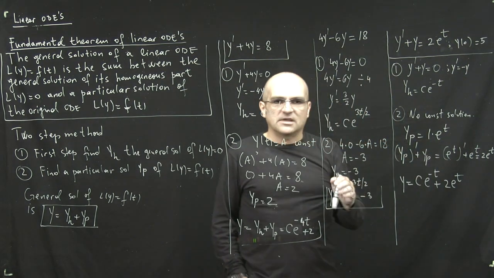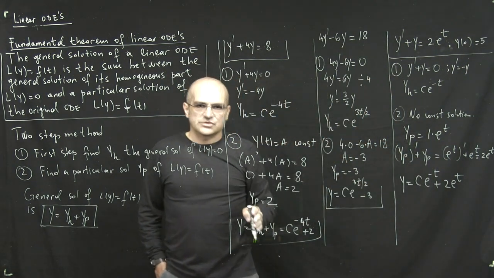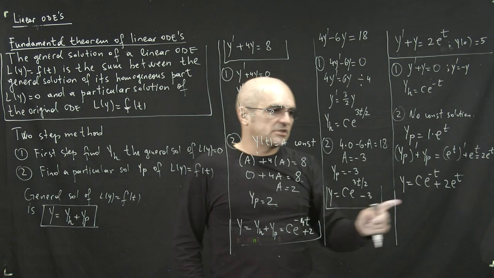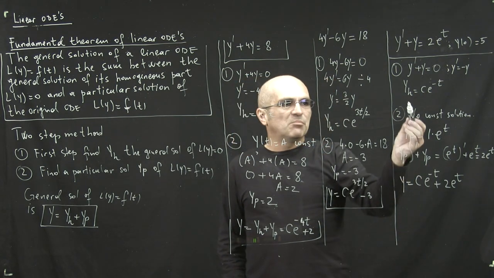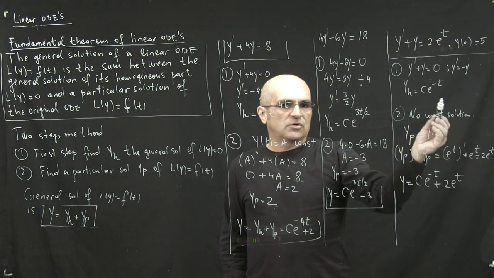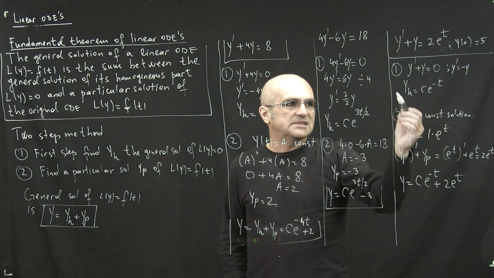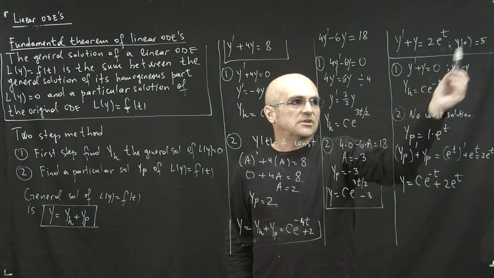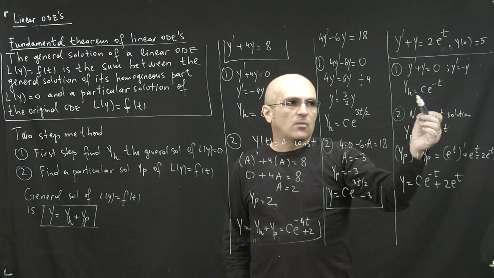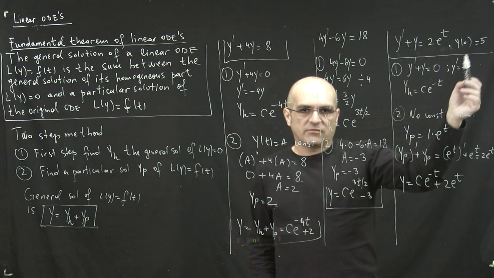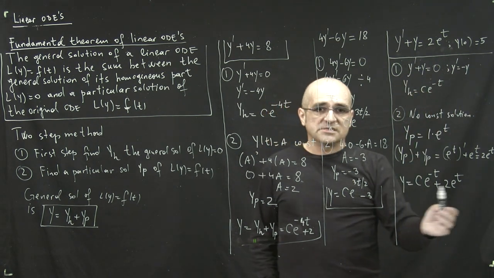Nothing special about it. Once you're done with the full solution, you're going to impose that initial condition at the end. Just make sure you don't impose it on a portion of the solution. Sometimes people try to find c by using the initial condition right here. Remember, y_h is not the full solution of the original problem, but this is the full solution.